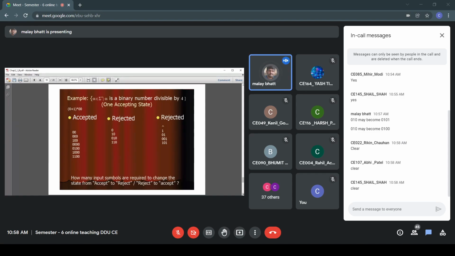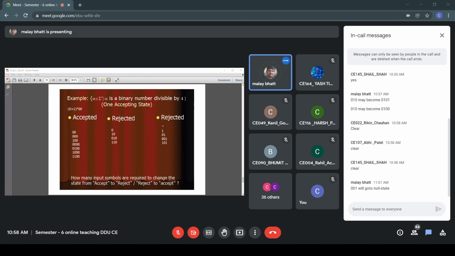Now from 00, if we get 1, again we need 00 one more time. From 00, if I append 1, it will go to a null state, 001.